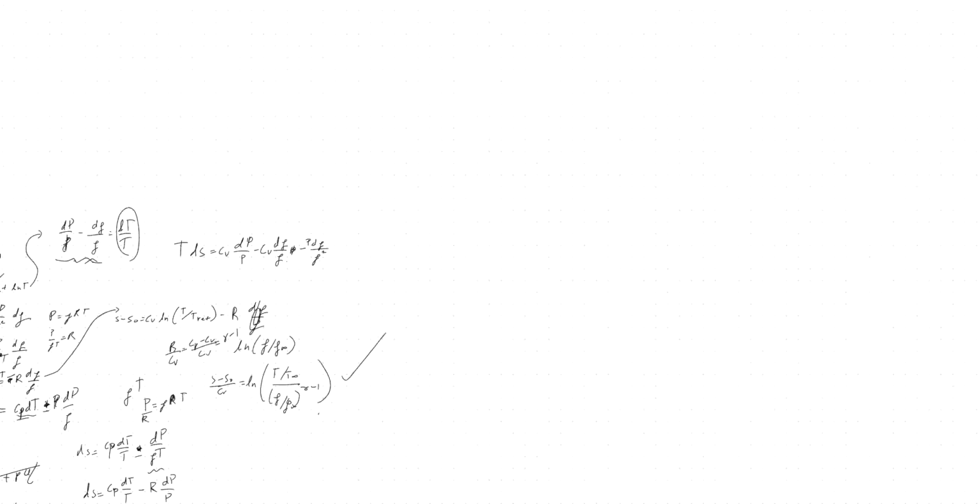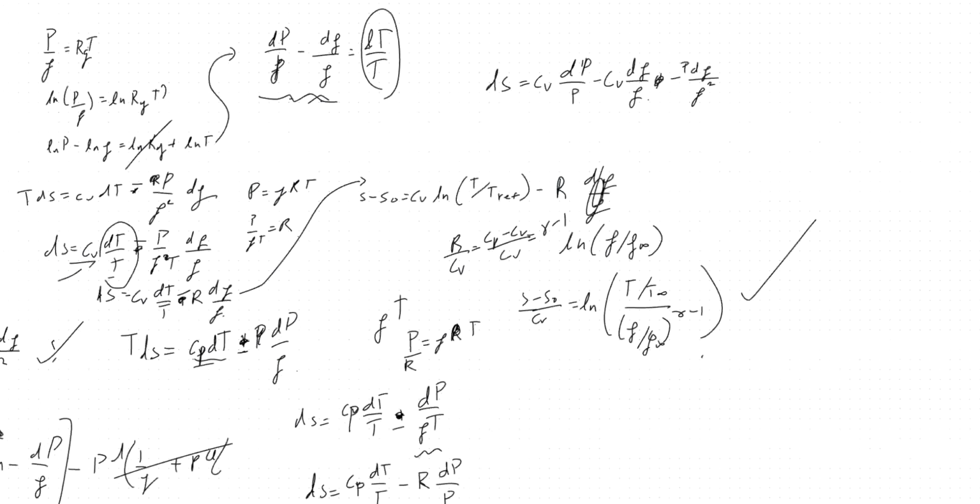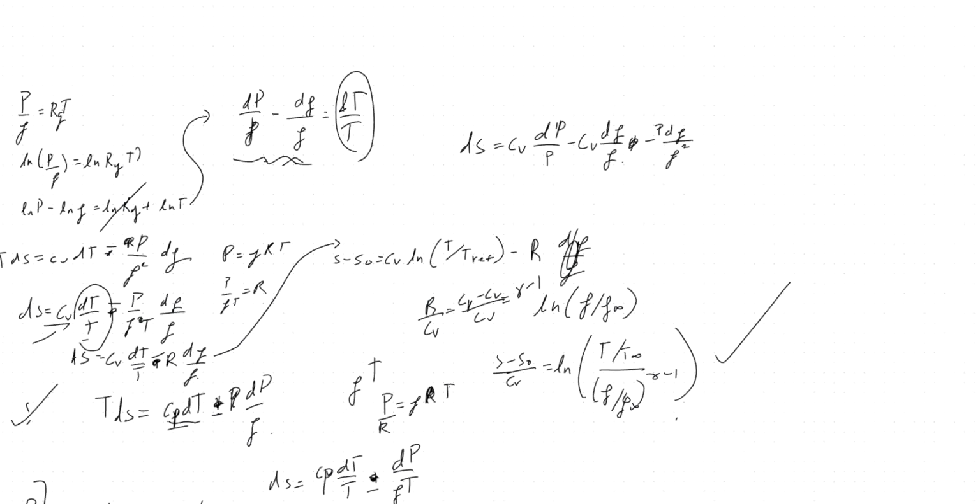which means that we already know, eraser, please. This is going to be negative R d rho over rho. Okay, there we go. There's our secret sauce. ds equals cv dp over p, which is fine.